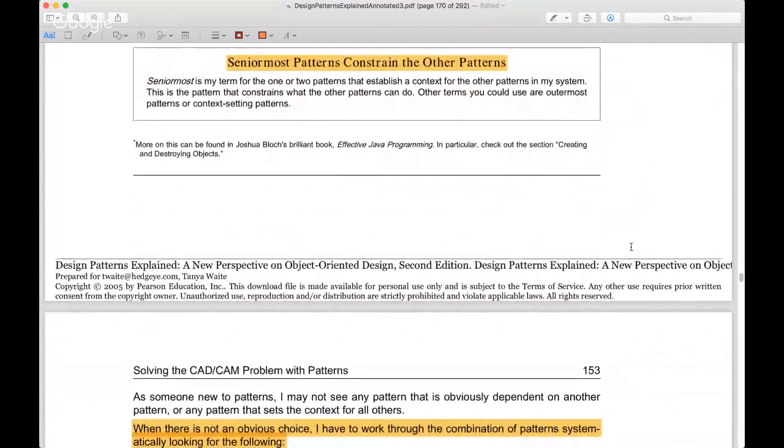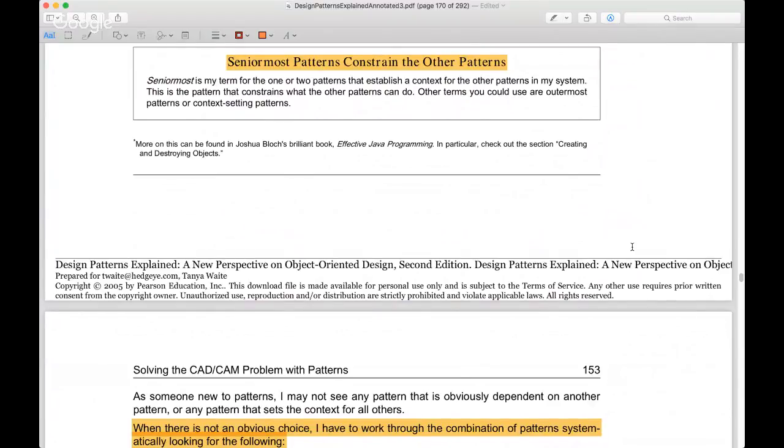Now, I find this is useful. Senior-most patterns constrain the other patterns. Senior-most is the term for the one or two patterns that you can identify that establish a context for the other patterns in my system.